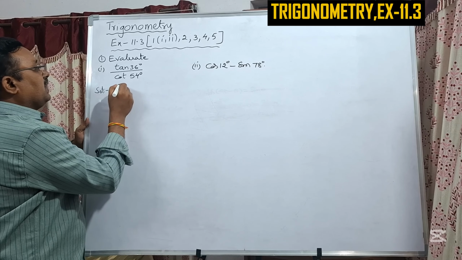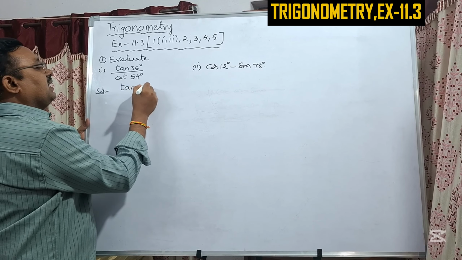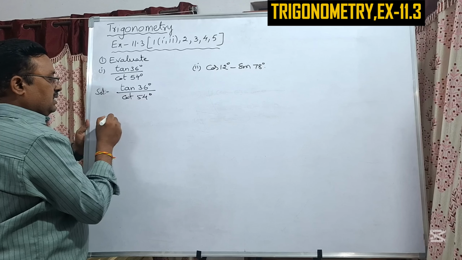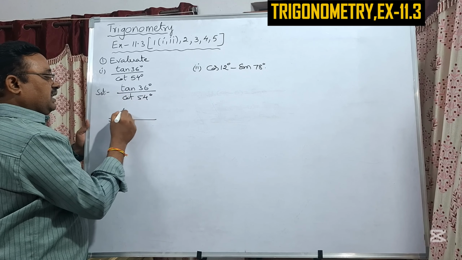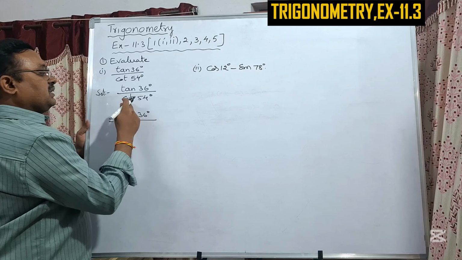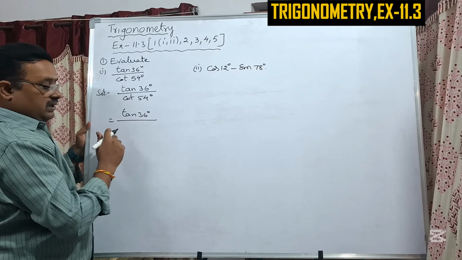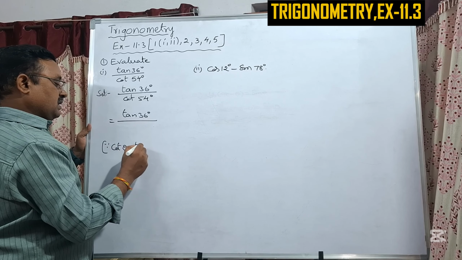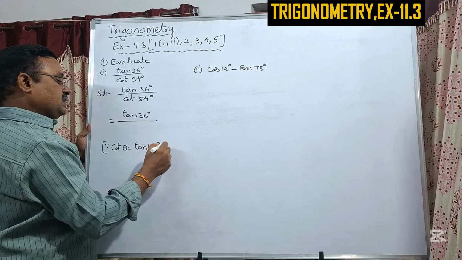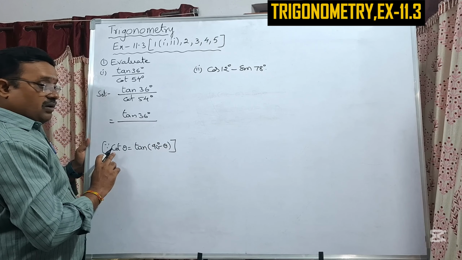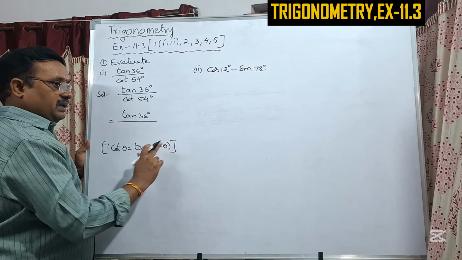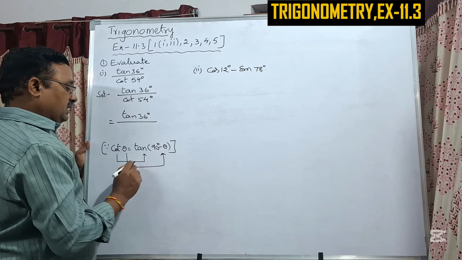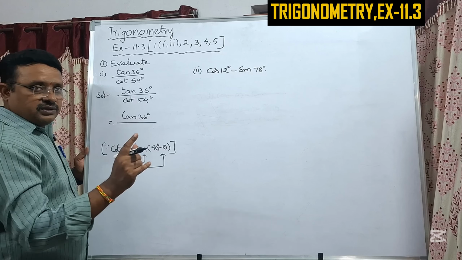How do we write? Write the expression as in the question: take the numerator as it is, tan 36 degrees, and change the denominator in terms of tan. For that, what property do we have? We have cot theta can be written as tan 90 degrees minus theta, means complementary function with complementary angle gives you equal answers. Understood?